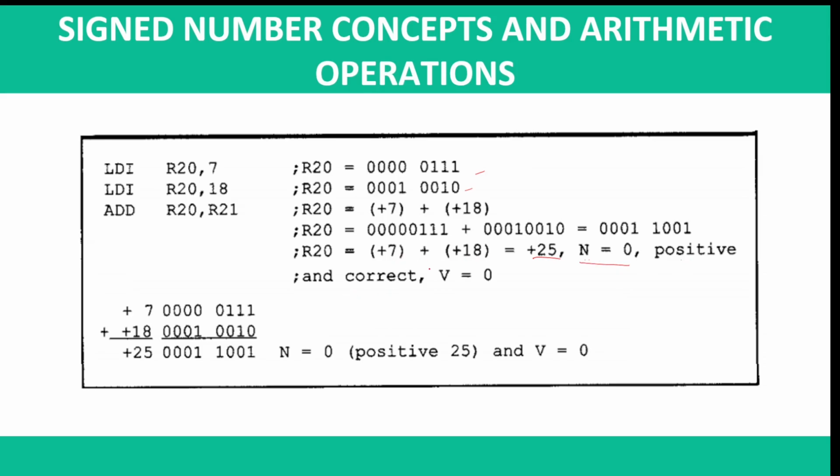And this is also correct since it satisfies that if two numbers having the same sign have a result of the same sign, then we'll have V equal to 0. So our V flag is equal to 0 and our N is equal to 0 since the last digit D7 is equal to 0.